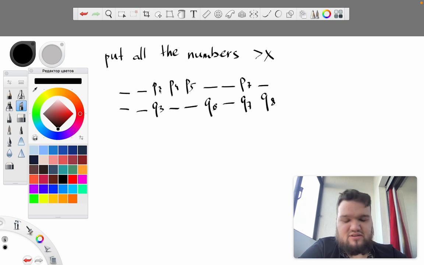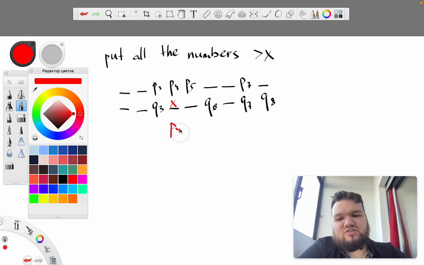What will happen if we put it in some positions? If we put x here, we know that all the numbers that were filled in before are strictly greater than x, so the maximum is this one. So the maximum is P4.